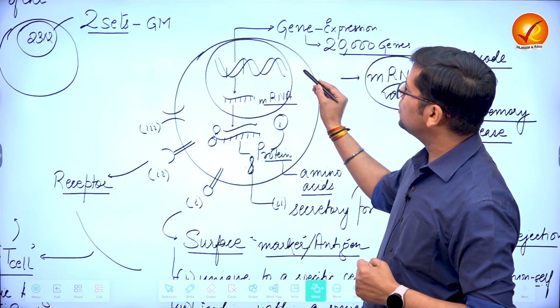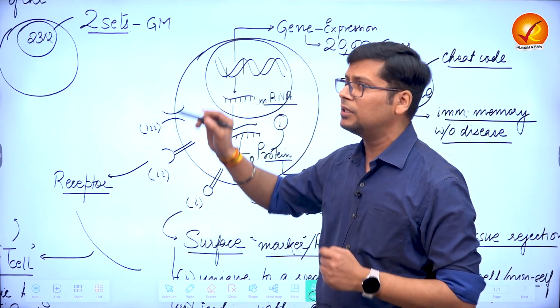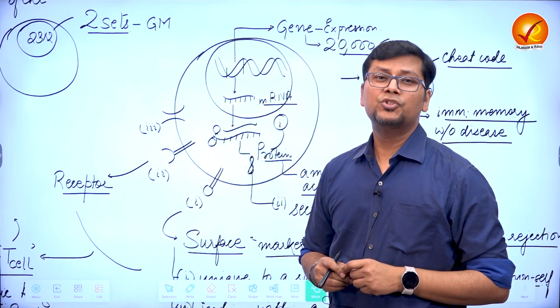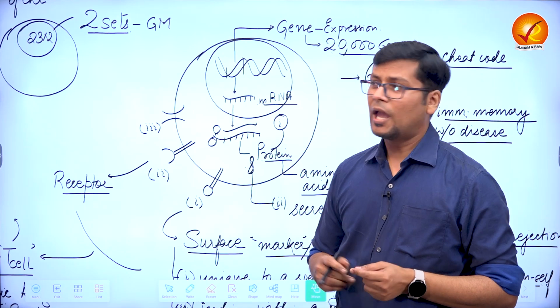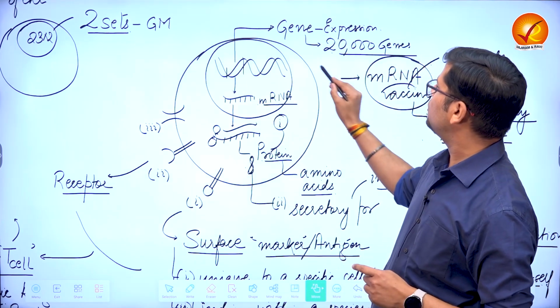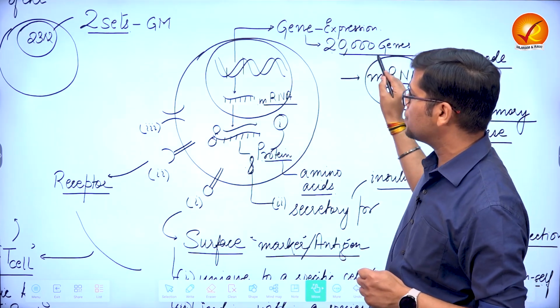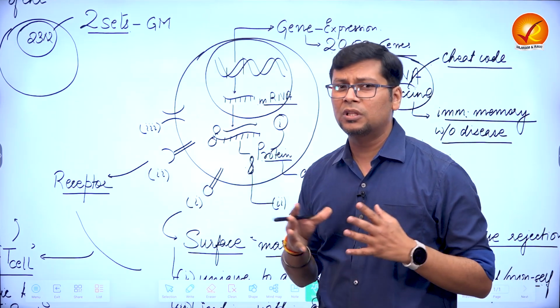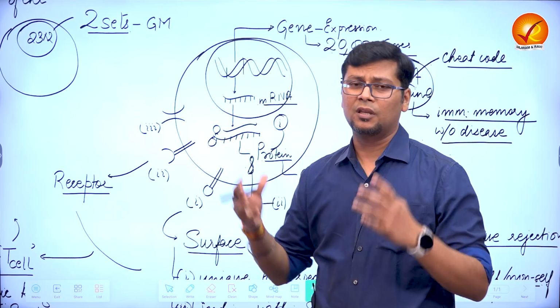Just as we understood, the total genetic material present in one set of chromosomes is called the genome. And you know, within a genome there might be a total of nearly 20,000 genes. Not all the genes in all the cells of your body are expressing.